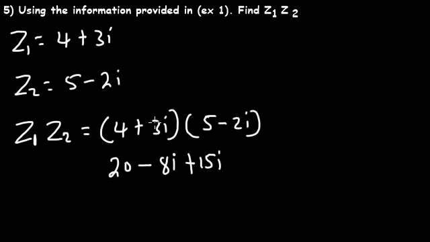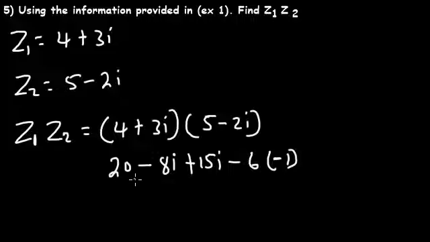What would that be? Let's just do the values first. Plus 3 times minus 2, that's minus 6. Now i times i is i squared. But do you remember what we said i squared is earlier? We said it's the same thing as negative 1. So instead of i squared, let me put negative 1. Very good.